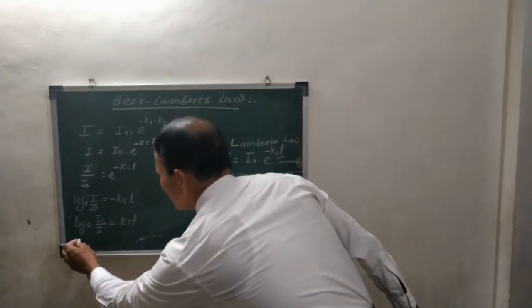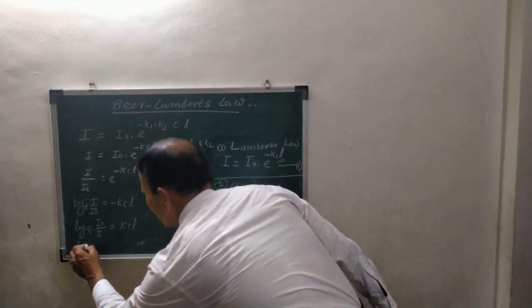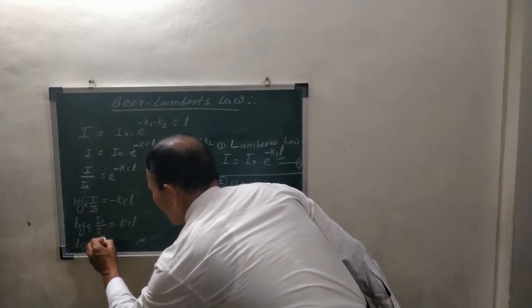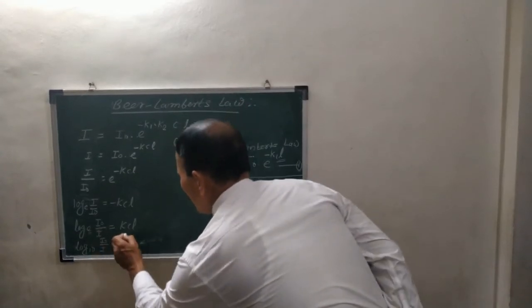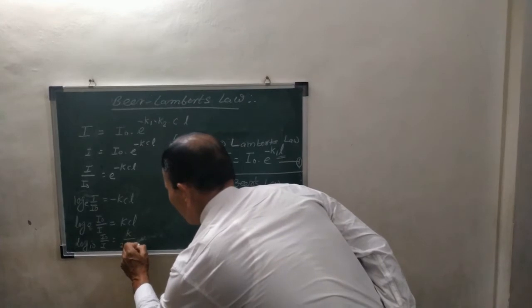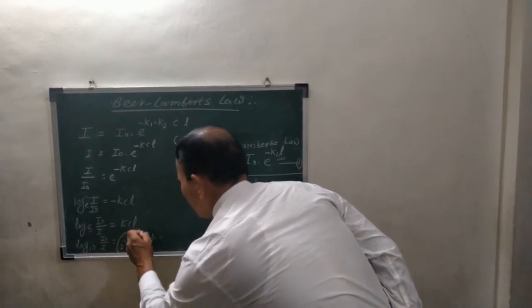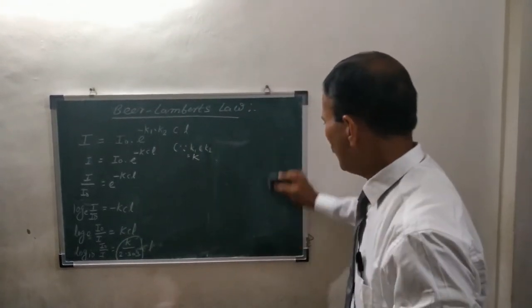When you change the logarithm from base e to base 10, the equation becomes log to base 10 of I0 upon I is equal to K upon 2.303 times C L, and we can place K upon 2.303 as a new constant, small k.